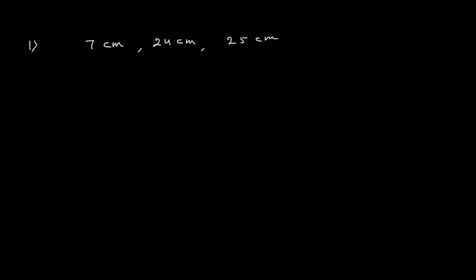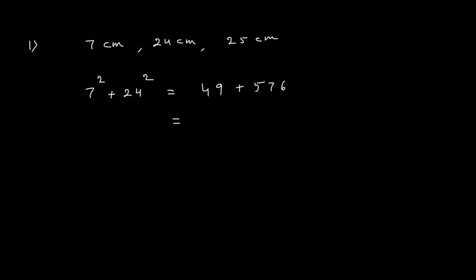So let us see what 7 square plus 24 square is. Square of 7 is 49, square of 24 is 576, right? I hope you remember or have learned squares till 25 for fast calculation.